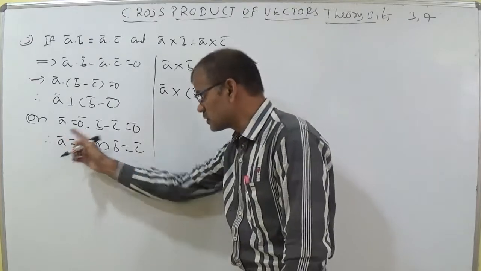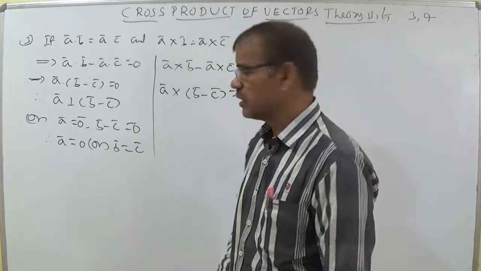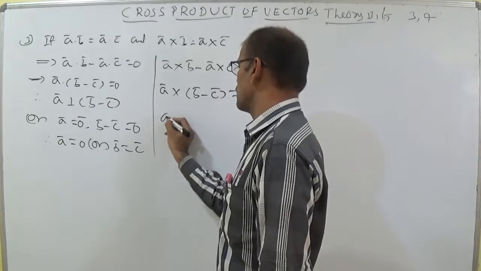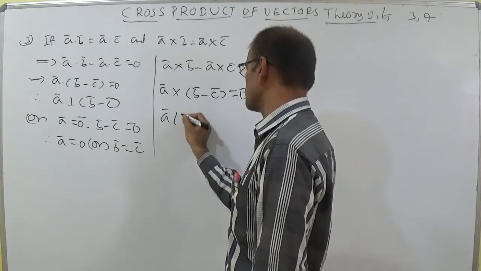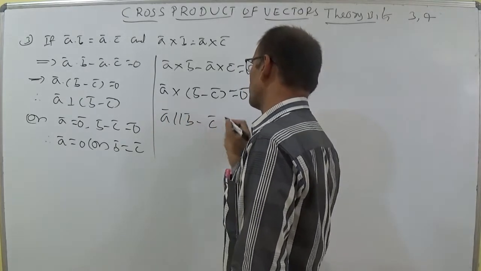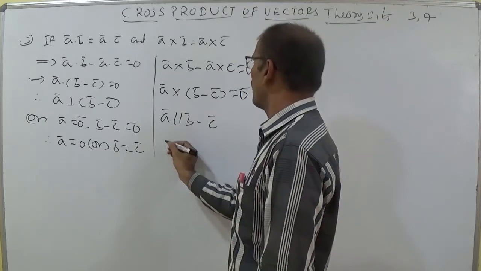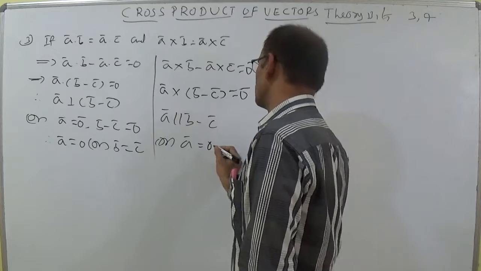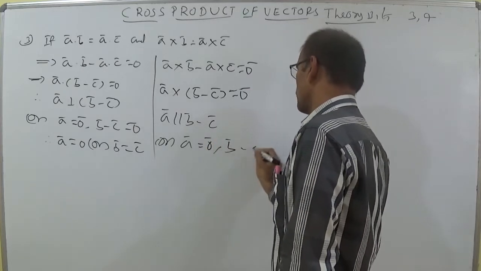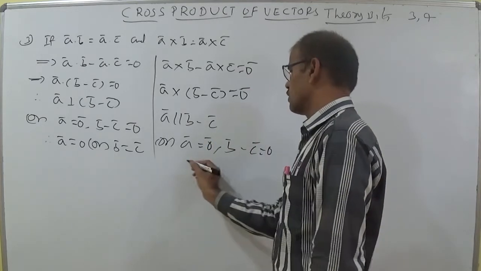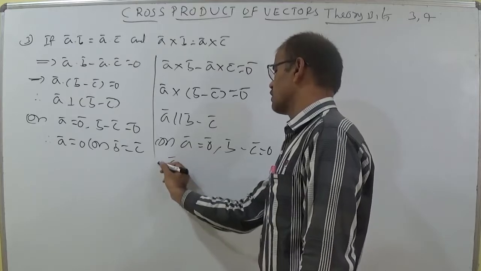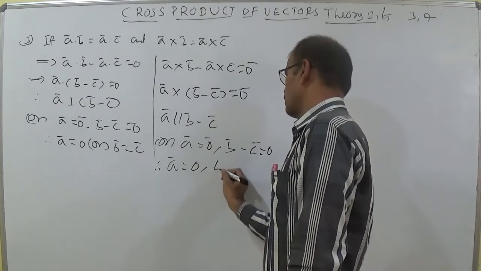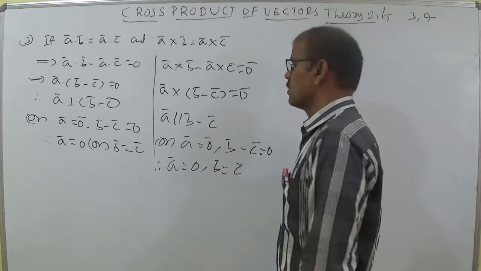If the dot product is 0, then the two vectors are perpendicular. So a bar is parallel to b bar minus c bar. Or once again, a bar equal to 0 bar and b bar minus c bar equal to 0 bar. Therefore a bar is equal to 0, b bar is equal to c bar.